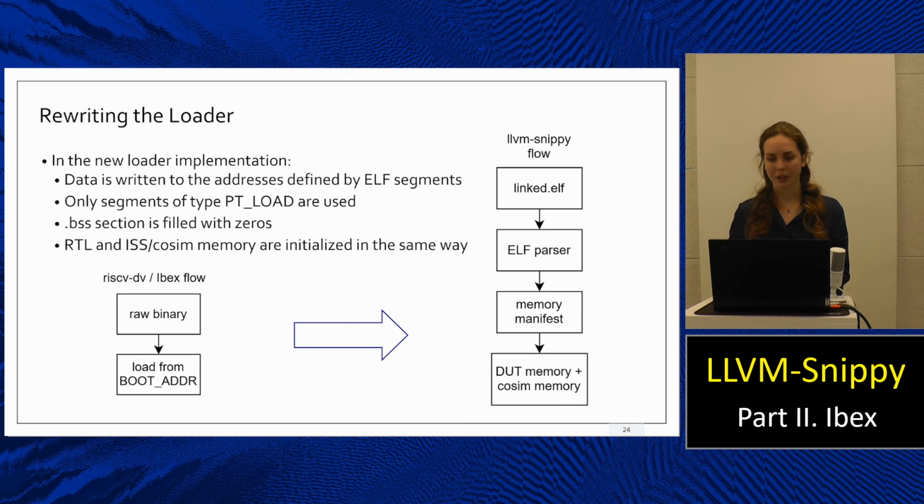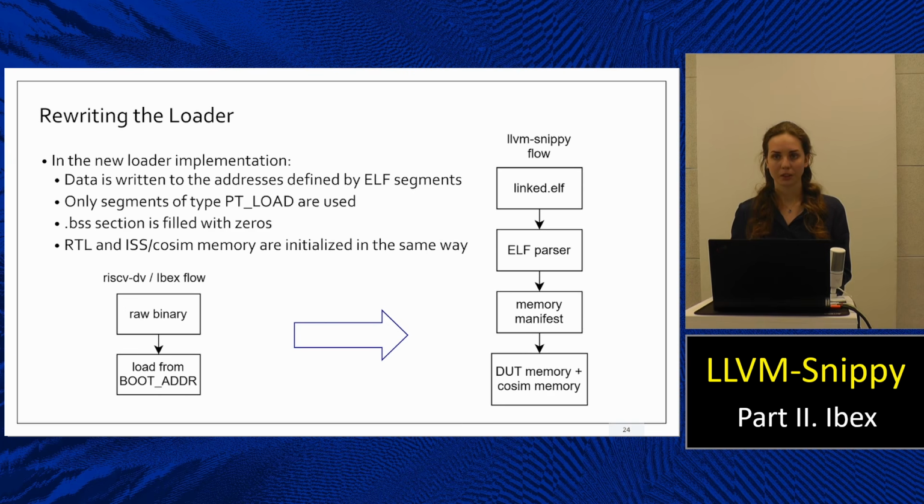Instead of writing bytes sequentially from one base address, the new loader looks at ELF segments and loads only those that must be present in memory, namely PT_LOAD segments. .bss is handled separately. If a region must exist in memory but has no data in the file, it is filled with zeros.